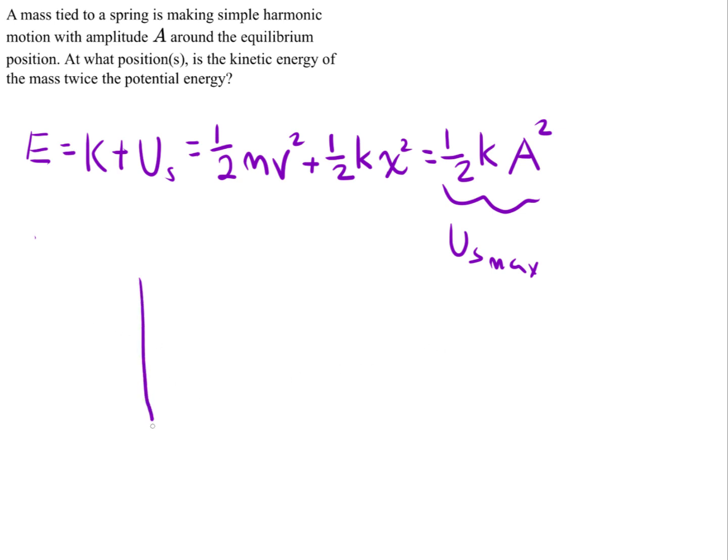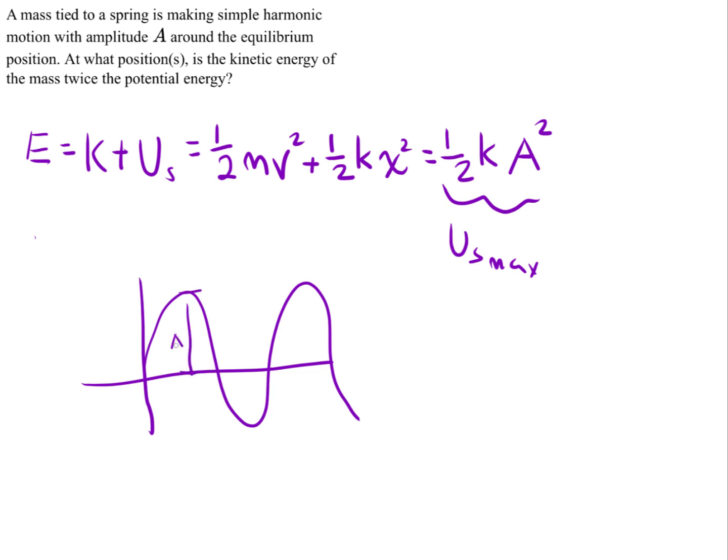So you can also draw a simple harmonic motion as a wave, like this. In this case, this here would be its amplitude. So this is its maximum displacement. And this axis is its displacement, and this axis is the time elapsed.